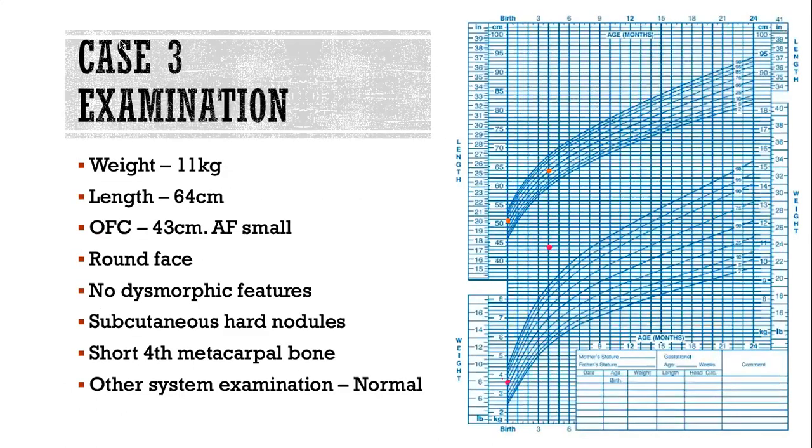On examination, his weight was 11 kilograms, which was over plus 3 SD, and length was 64 centimeters, which was on the median, and OFC was 43, AF was small. He had a round face, but no dysmorphic features, and he had subcutaneous hard nodules on his limbs and had a short 4th metacarpal bone. Other system examination was normal.